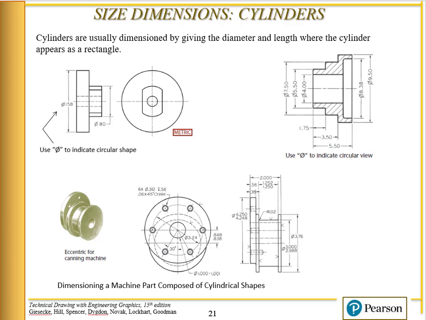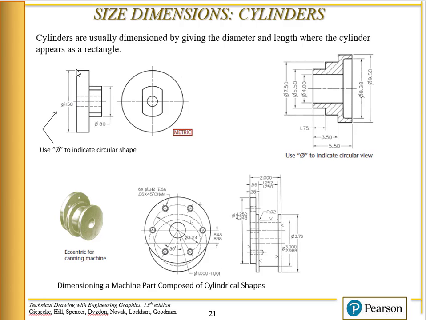Now, how to dimension sizes in a cylinder. Cylindrical features are round, so we always use the diametrical symbol to indicate a circular shape. Cylinders are usually dimensioned by giving the diameter and the length where the cylinder appears as a rectangle. In this case, we have this diameter and this other diameter.